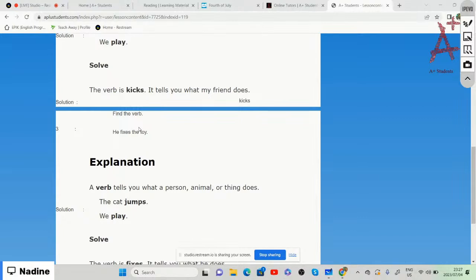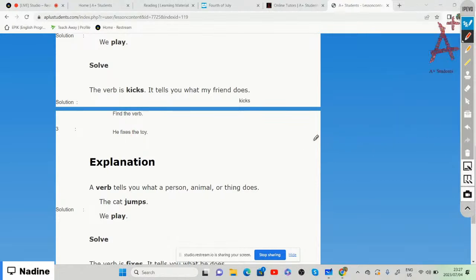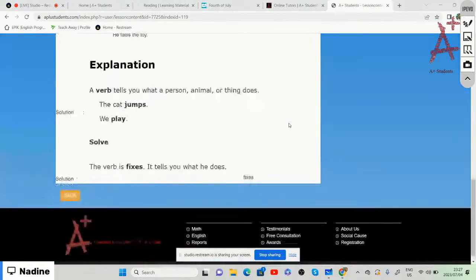We need to identify the verb. All right, so he fixes. So fixes is the verb, and it tells us what he is doing. He fixes the toy.